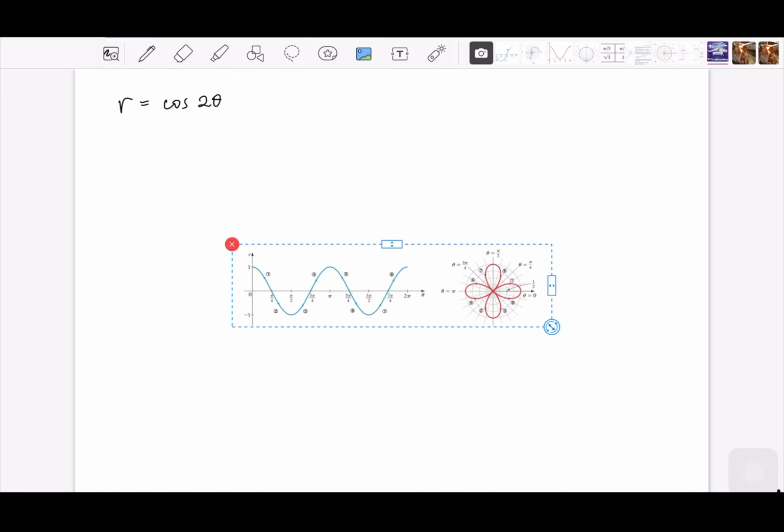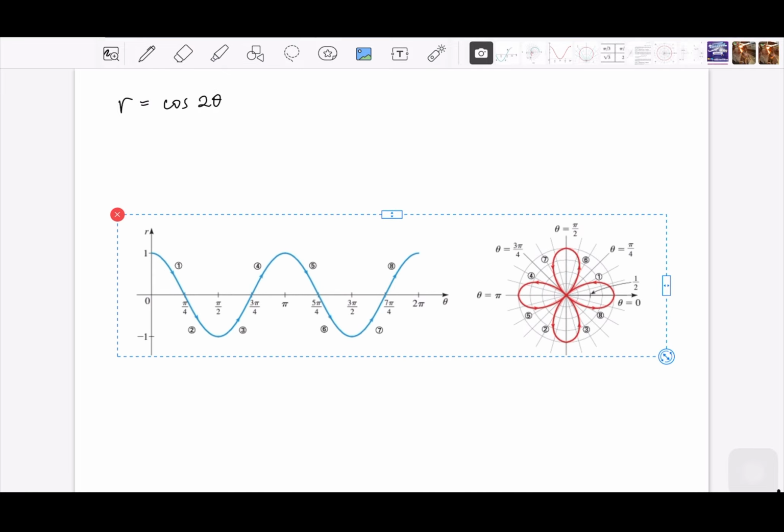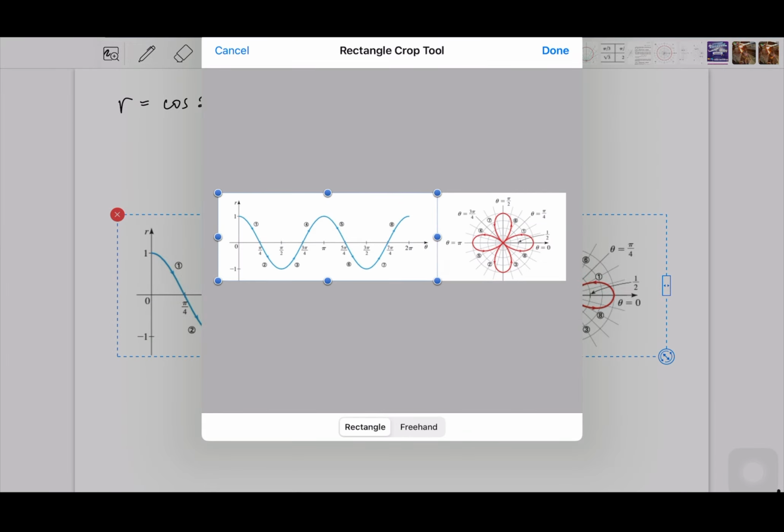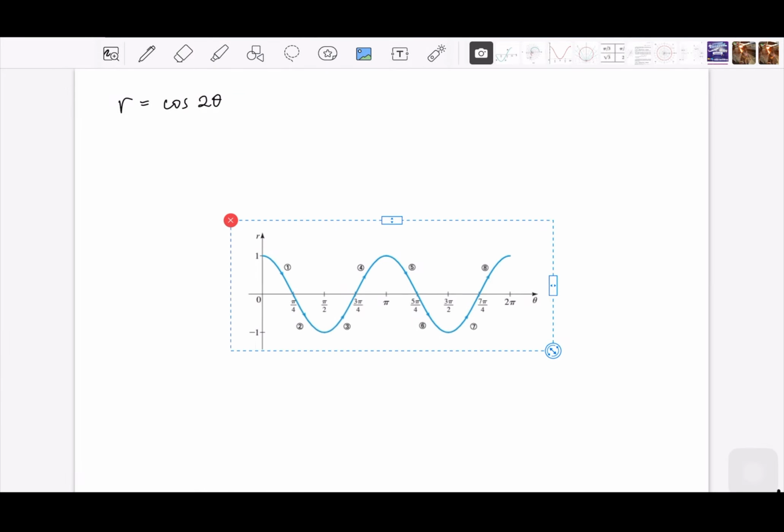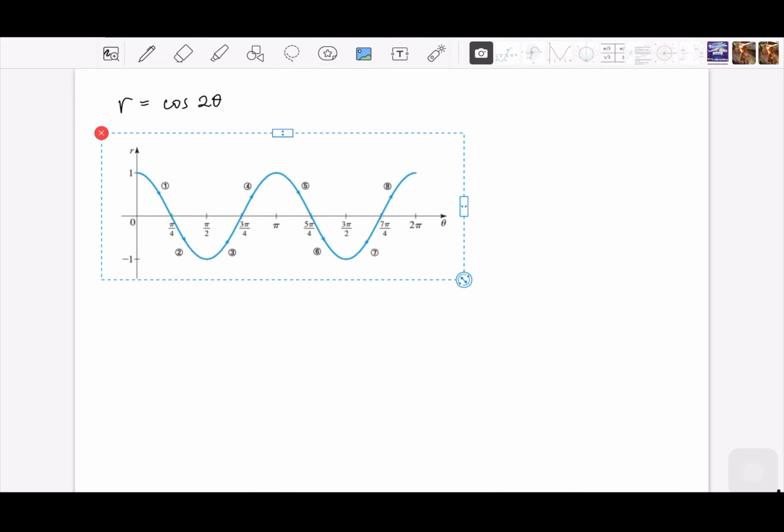Okay, next, what if we have r equals cosine 2 theta. Now, as usual, as we did with the cardioid's process, we could draw the rectangular graph. And let me just cover this for a while so you don't have any distractions.